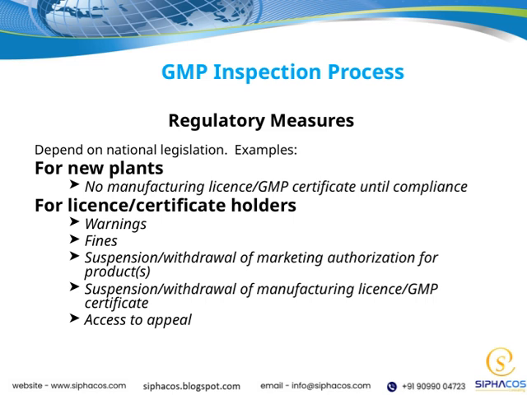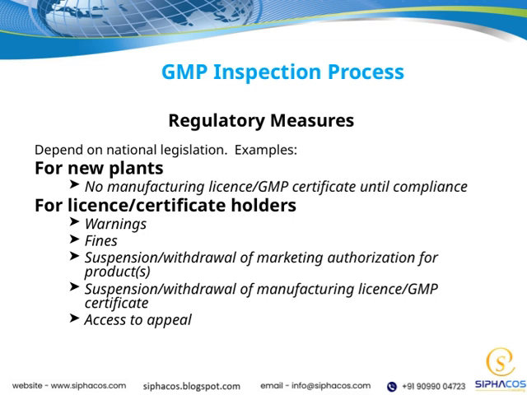For existing license or certificate holders, regulatory bodies have several tools to ensure ongoing compliance. These include issuing warnings if standards aren't met, imposing fines as penalties, or even suspending or withdrawing marketing authorizations for specific products. In more serious cases, the manufacturing license or GMP certificate itself can be suspended or revoked.